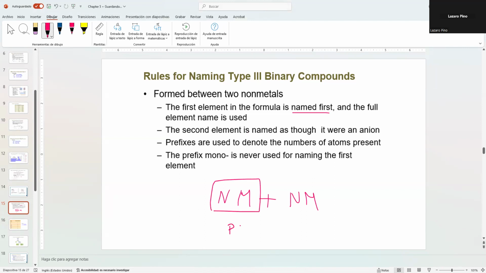And the second one is considered as an anion. Then we conserve the root of the name in the periodic table, but we change the ending to "ide." And then we use prefixes to indicate the number of atoms in each case.